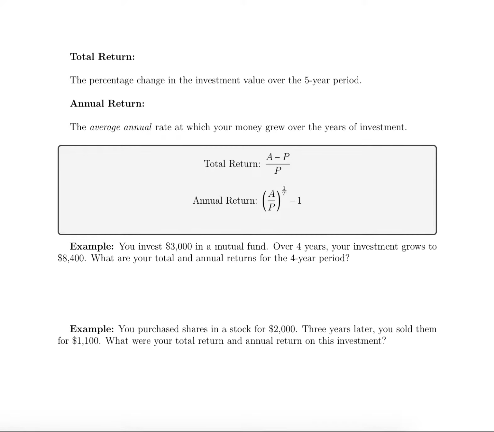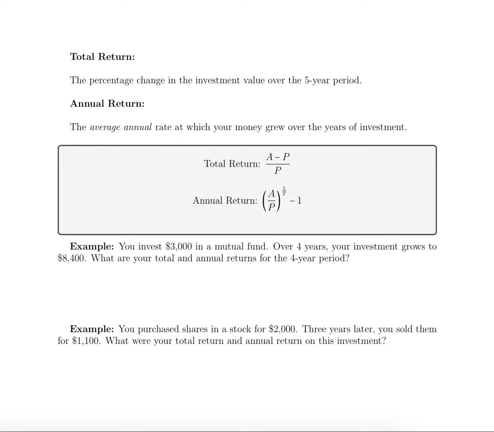So the difference here is that when you're investing in a stock, bond, mutual fund, the total return calculates, if we're investing over 5 years, how much we either gained or lost over the 5 years. The annual return calculates the gain or loss per year.